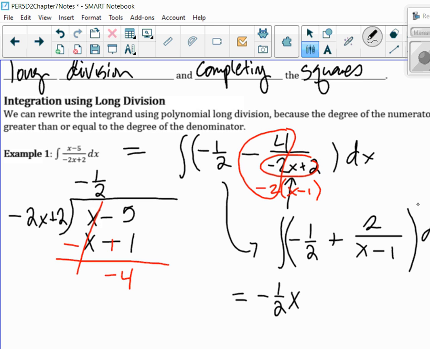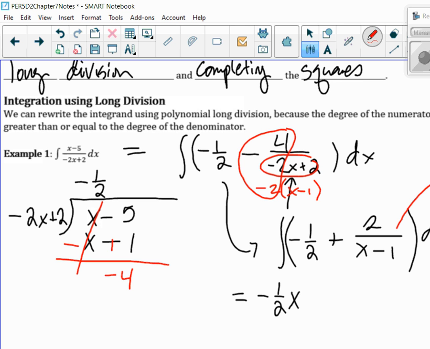If you don't know this one, you would do a u substitution, and I'll do that just on the side. You don't actually need to do a u substitution. But what would u be? x minus 1. And what would du be then? dx.